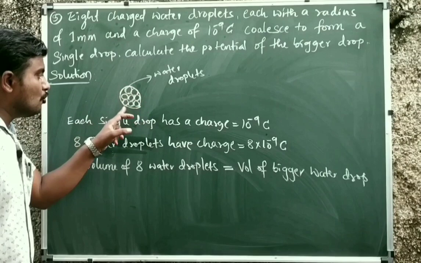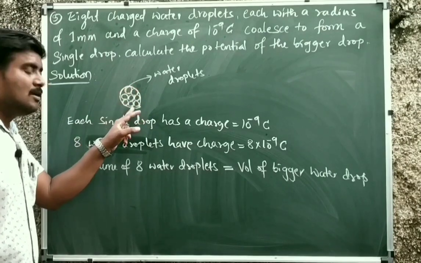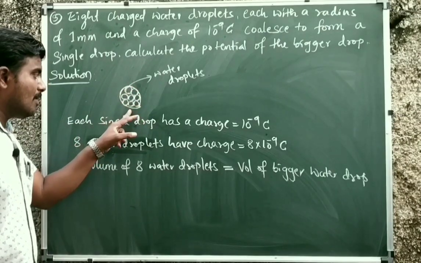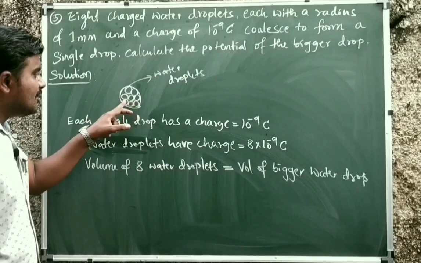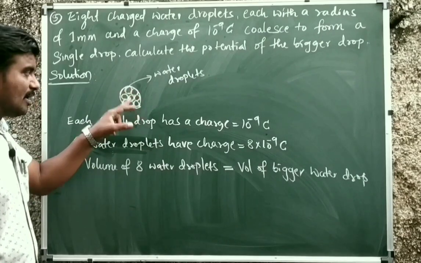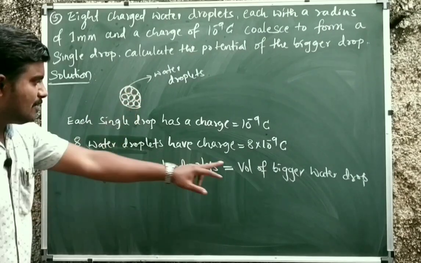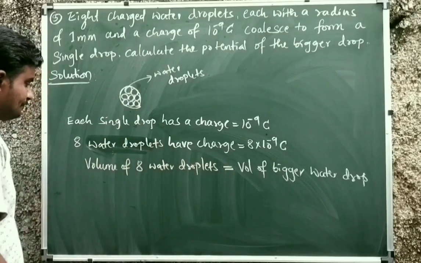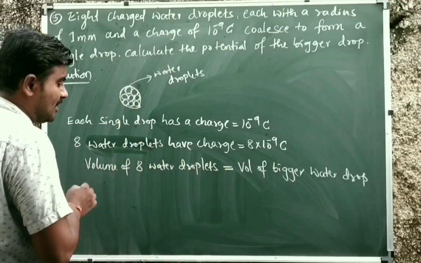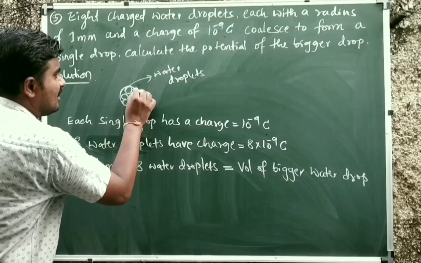This is volume. One single bigger drop, and volume of each individual water droplet must be equal. And volume of 8 water droplets, consider the radius.